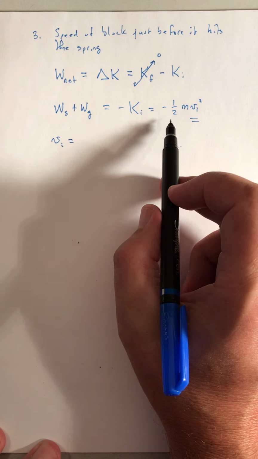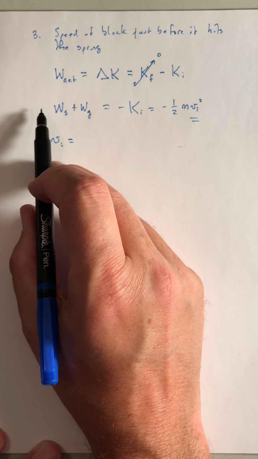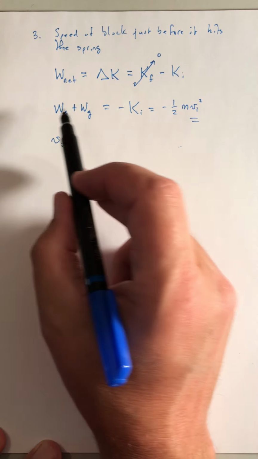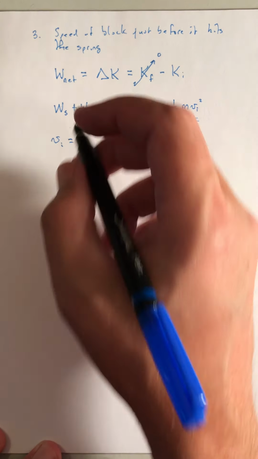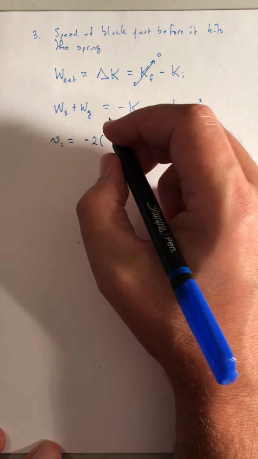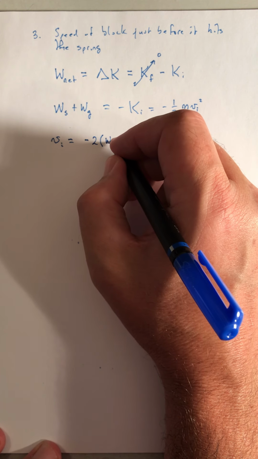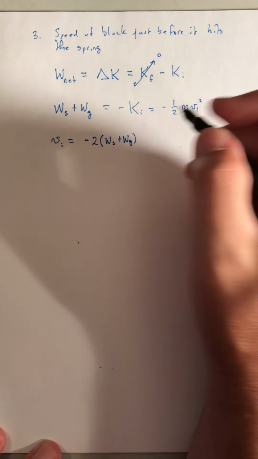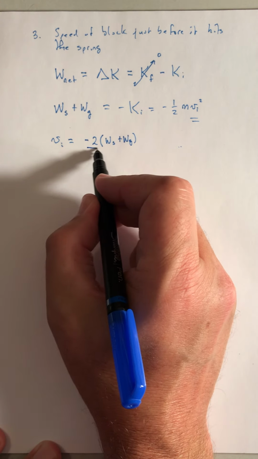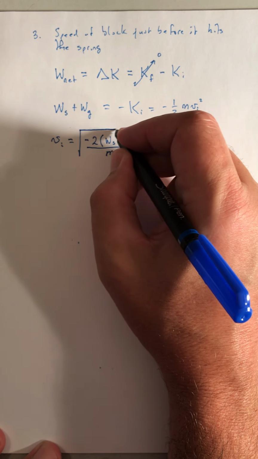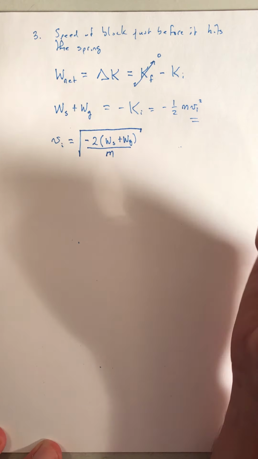Rearranging this equation, I'm multiplying both sides by 2, dividing both sides by m, and flipping around the minus sign. I have minus 2 times the quantity of the work done by the spring plus the work done by gravity, so the net work, divided by the mass of the block, all square root.